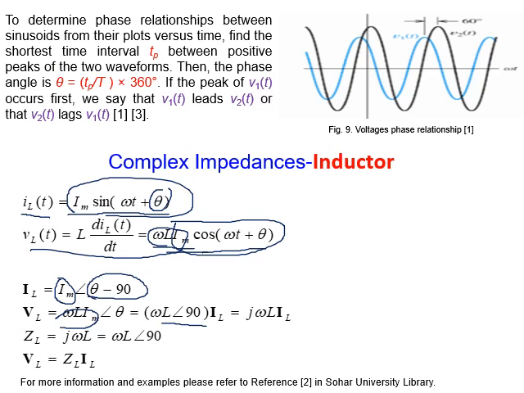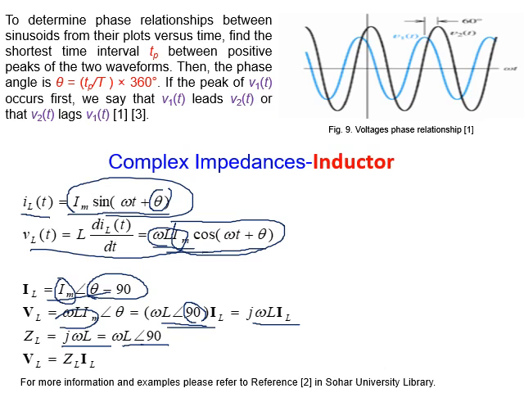I try to represent it here, define it here, and then substitute it here to make sure that there is 90 here, which is the phase shift of the impedance of the inductor. And then with more simplification, it will be j omega L IL. Or in another way, we can write ZL is j omega L, which is omega L with angle 90.